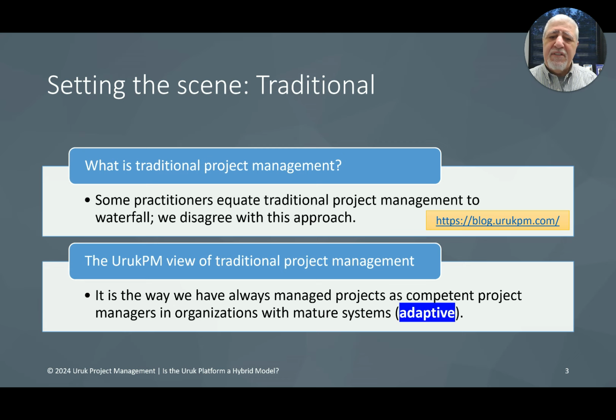That means if you have organizations that have really invested time and energy and money into building their project management system, and they have trained their project management people to be competent project managers, those organizations understand that project management has always been adaptive. That means every project has some common features, and yet some projects have some specific conditions that are unique.